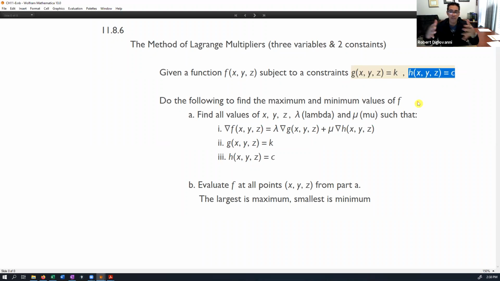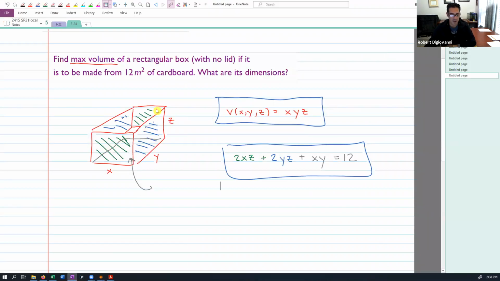For the box we just did, we want to find the maximum volume with surface area 12, but I could add another constraint, that the base length y always has to be 3 times x.